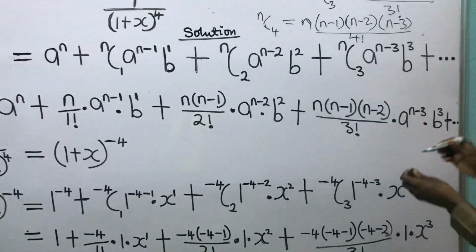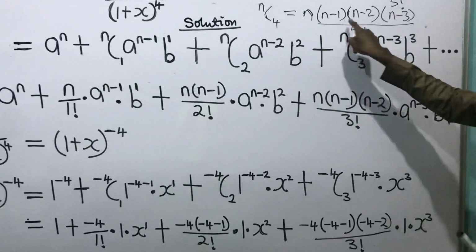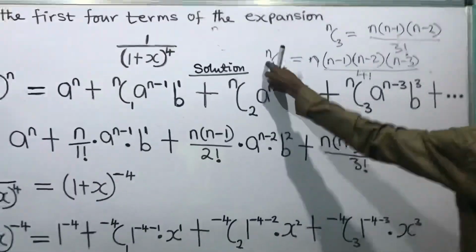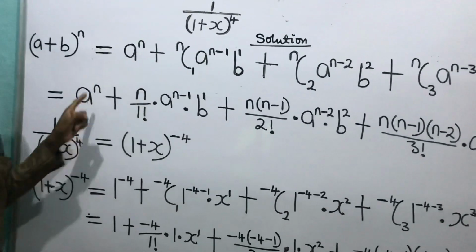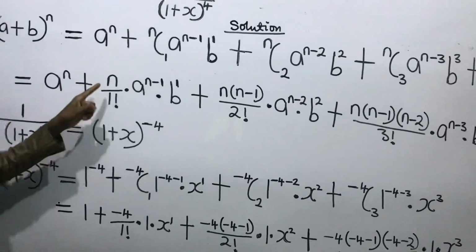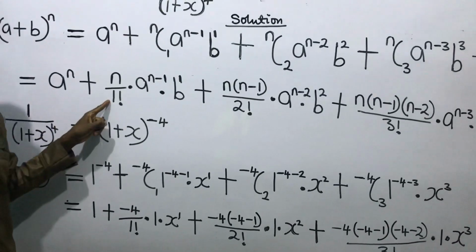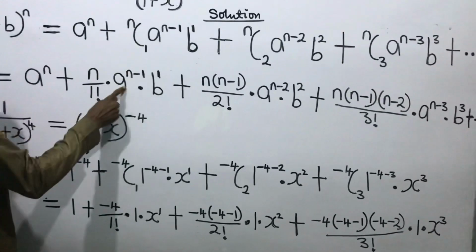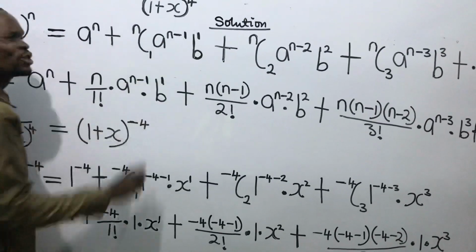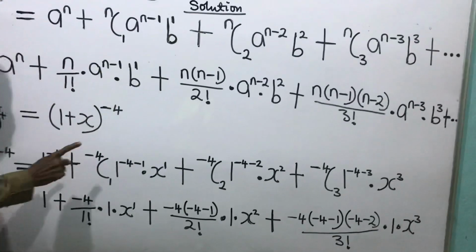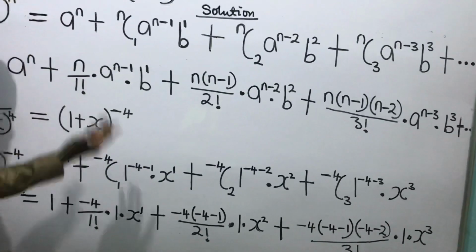So whenever I have this, that's how we translate it. Looking at the formula, I find that A is raised to power N, and N is over 1 factorial. And this A, which is N minus 1, this minus 1 is constant, and this 1 is also constant, while N is variable.